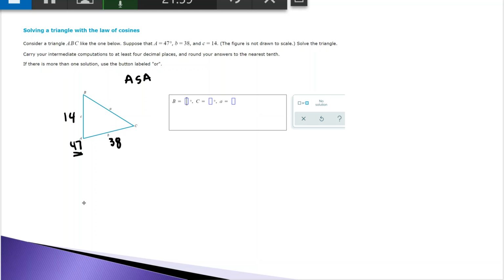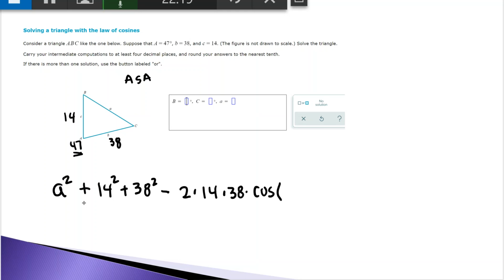So side A, I'm treating as my hypotenuse. That's going to be the square of the two other sides, minus 2 times the product of the two other sides, times the cosine of the angle in between them, which is 47. And so a squared is going to be, oh, there's no way I'm doing this in my head.